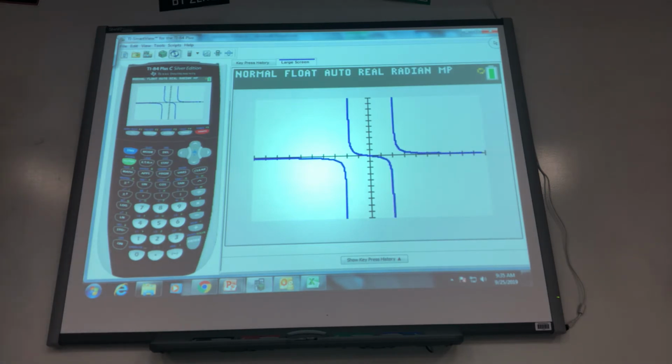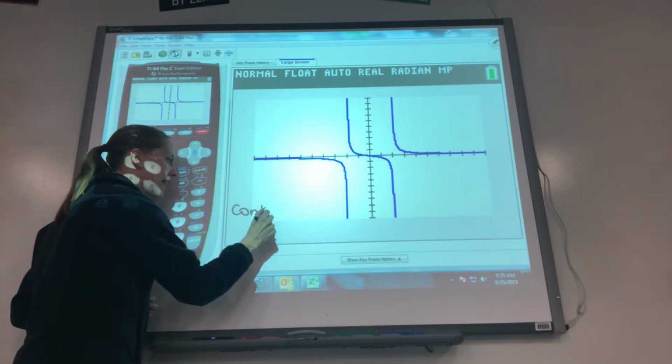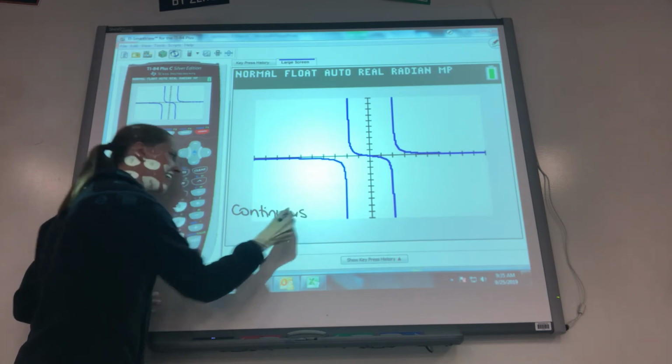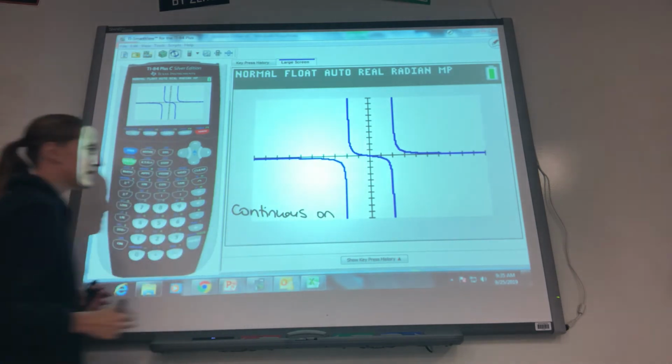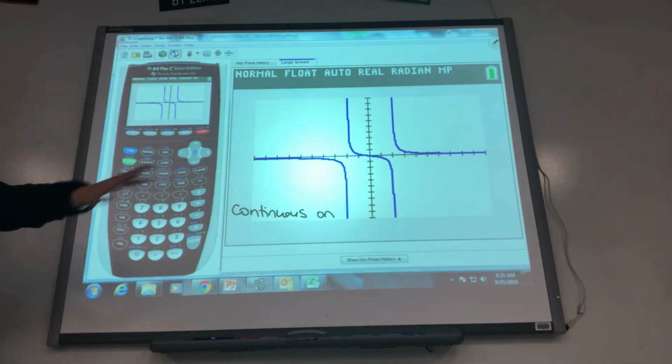Okay, remember you have to use intervals. You can't just say what type of discontinuity. You have to say an interval. So let me go ahead and just set this up down here. Continuous on. I'm just going to start on the left and work my way to the right.